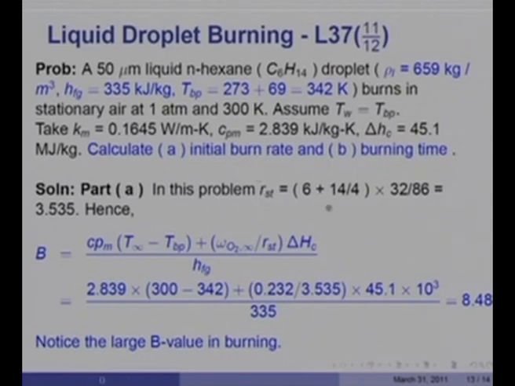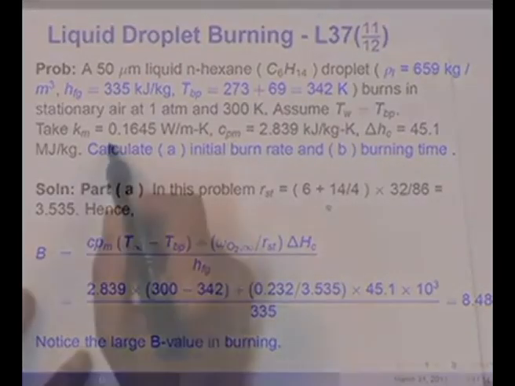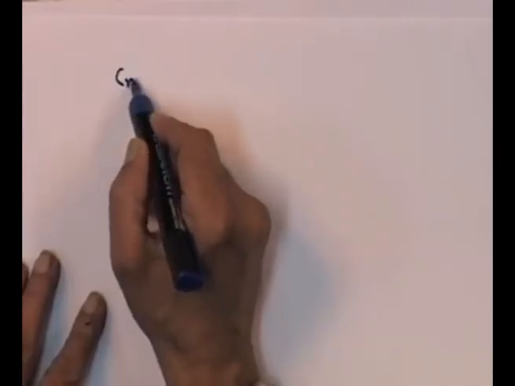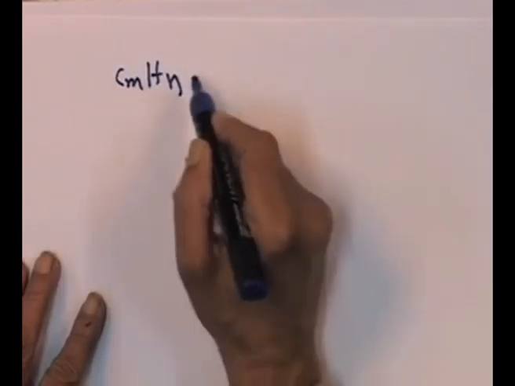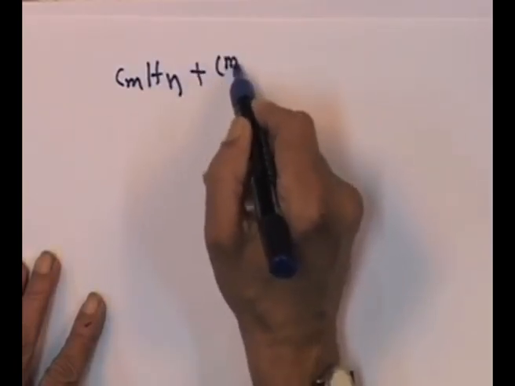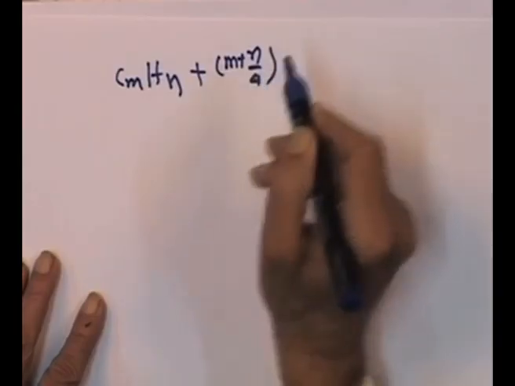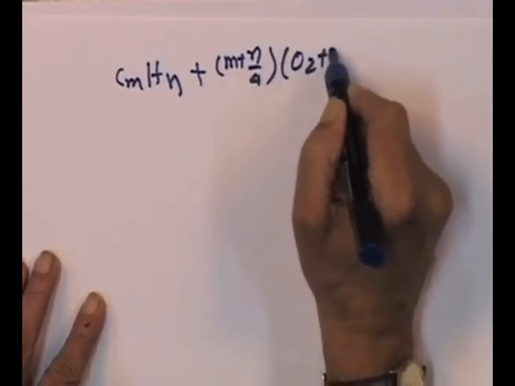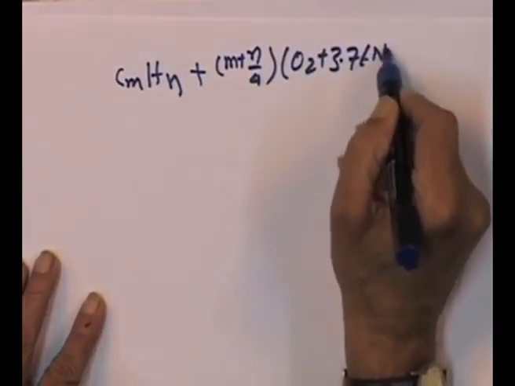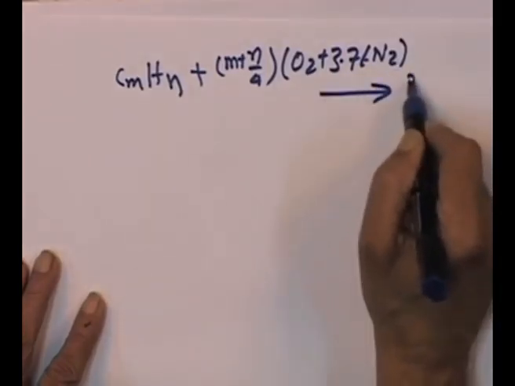Now, for any hydrocarbon reaction, CmHn plus (m + n/4) into (O2 + 3.76 N2) gives the products.